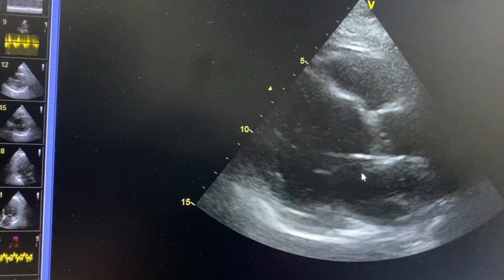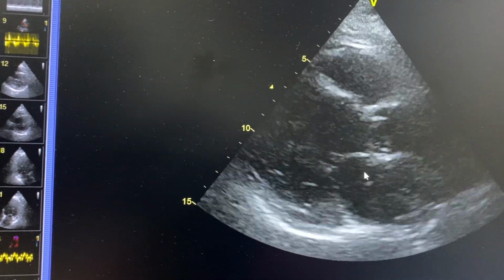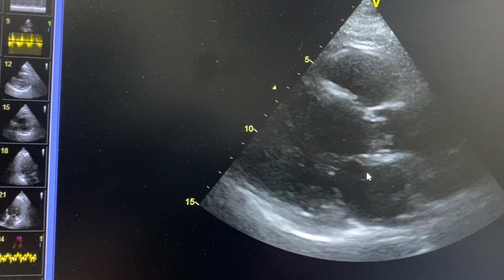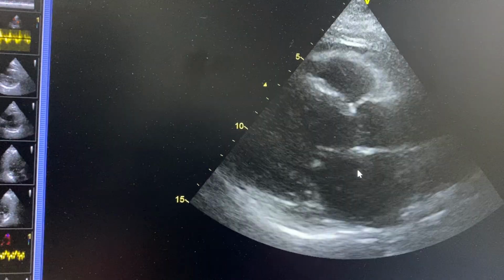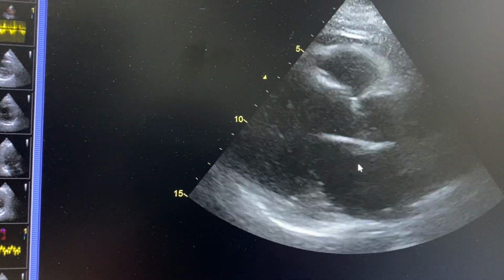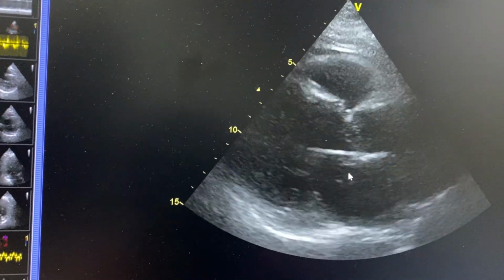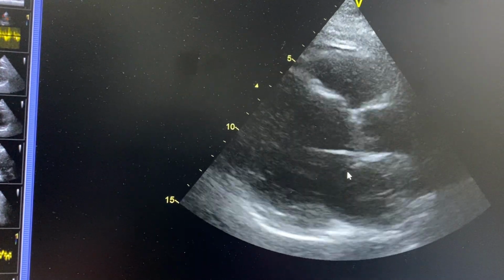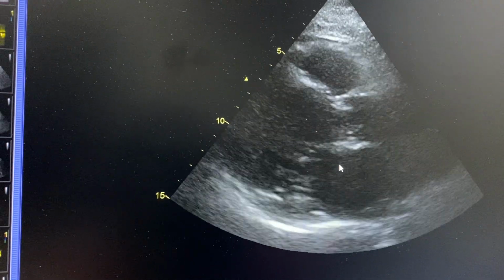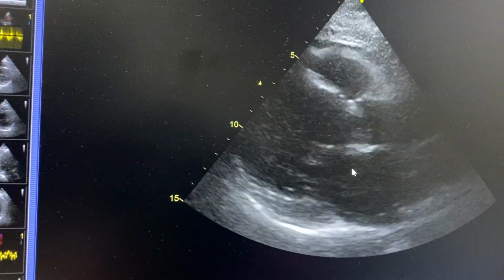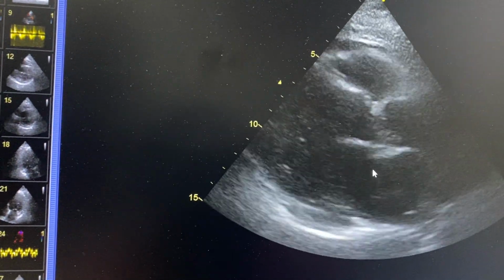So where maybe proximal LCX is blocked and the circulation is left dominant, we expect hypokinesia or akinesia in the inferior wall and also the lateral wall of the left ventricle, because those are the territories supplied.